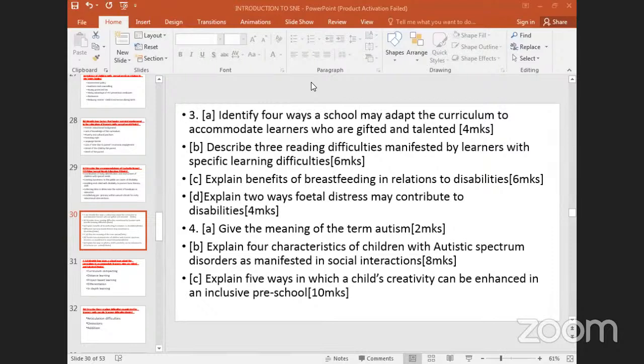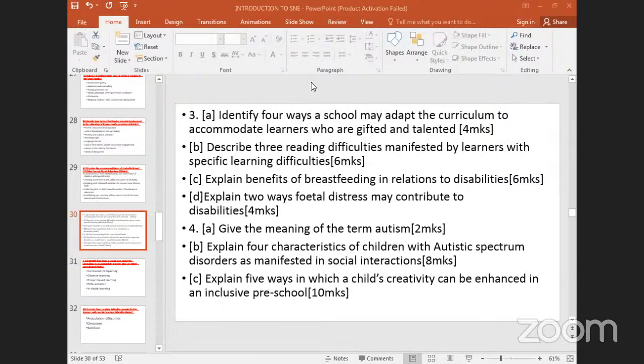The other key phrase that is there is adapt. Adapt what? The curriculum. To suit who? Learners who are gifted and talented.